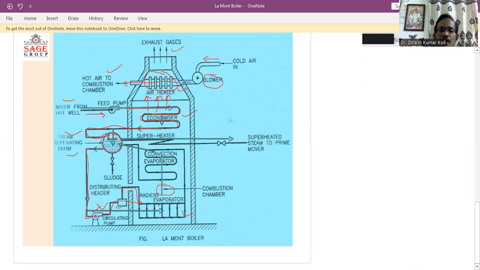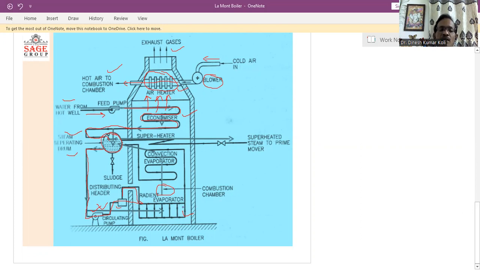The radiant evaporator is located near it, so it gets heat from the combustion chamber in the form of radiation. The water inside the evaporator is converted into steam, but it also carries some water particles, so it is actually wet steam.